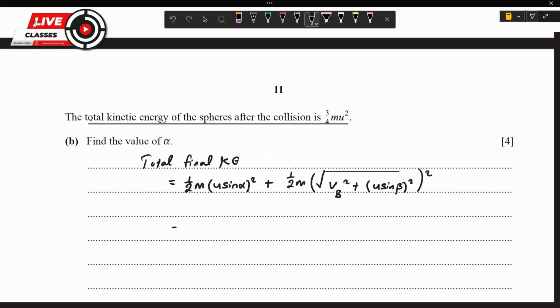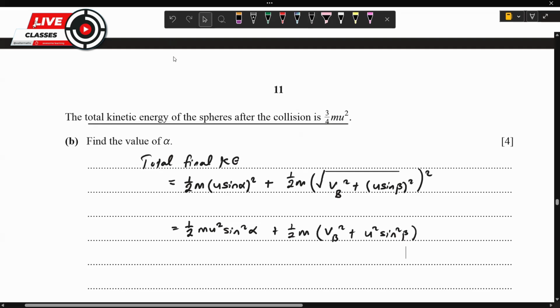So what we have here is half of m u squared sine squared alpha plus half m of VB squared plus u squared sine squared beta. All right.